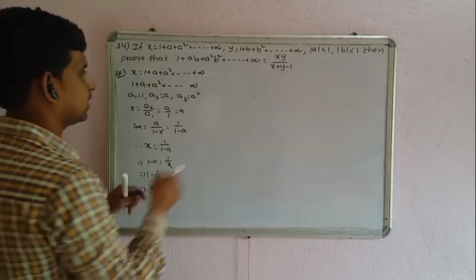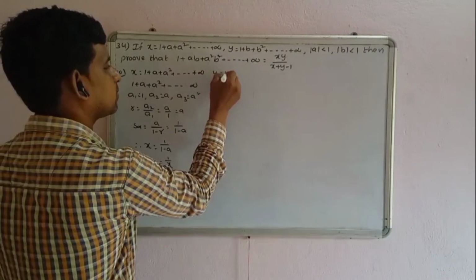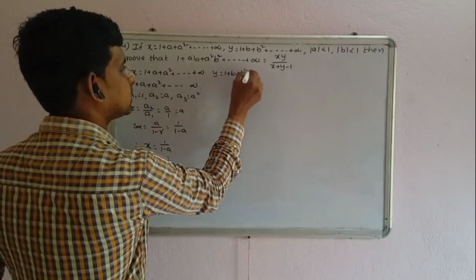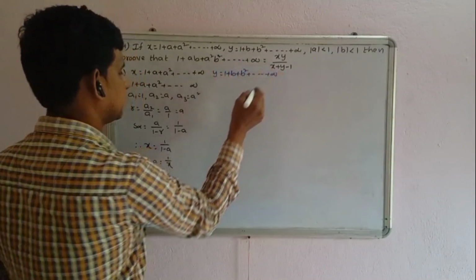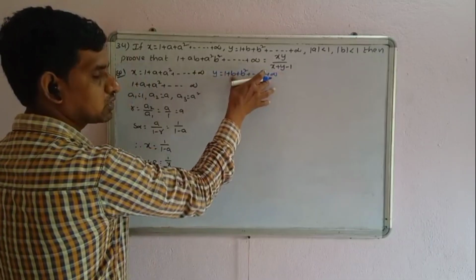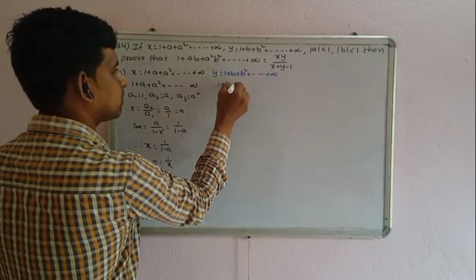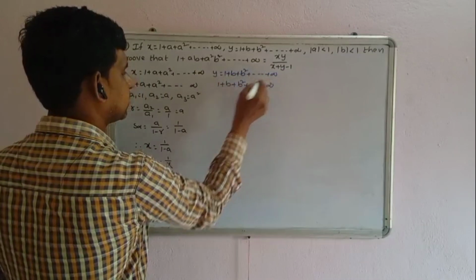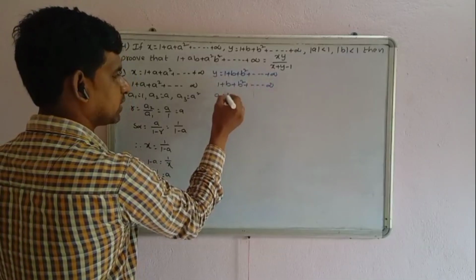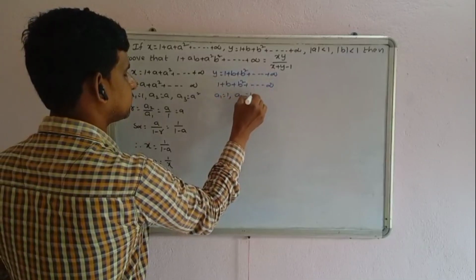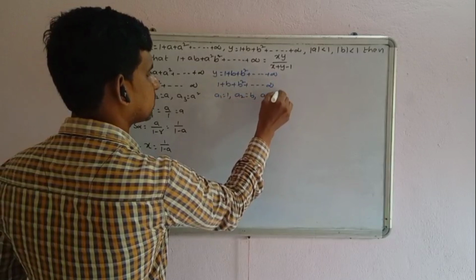y equals 1 plus b square plus so on to infinity. First solve this one. Here a1 is 1, the first term, a2 is the second term, that is b, and a3 is b square, the third term.